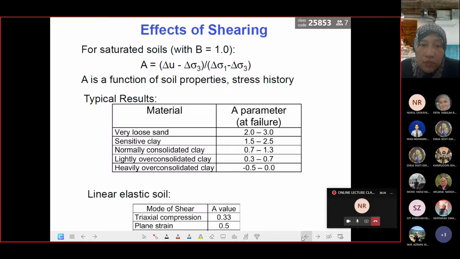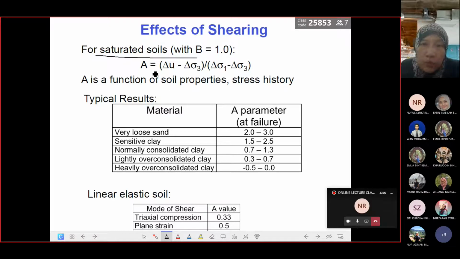For example here, if you have a linear elastic soil, it can give you an A value of 0.33 or 0.5. Or A can be found from the formula here, meaning you obtain delta U, and subtract delta sigma 3 over delta sigma 1 minus delta sigma 3, if the sample is fully saturated with B equal to 1.